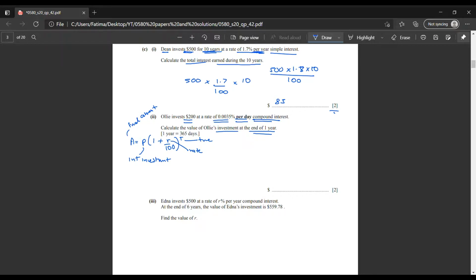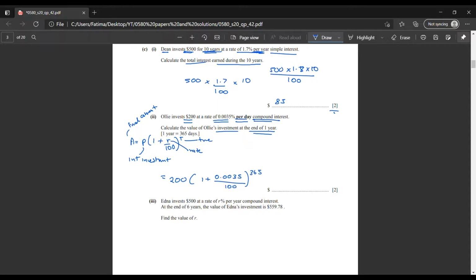Our initial amount is given to us as 200, our rate is 0.0035, and our time will be 365 days. Now we have to substitute this, and we should get something like 200 into 1 plus 0.0035 upon 100 raised to 365.